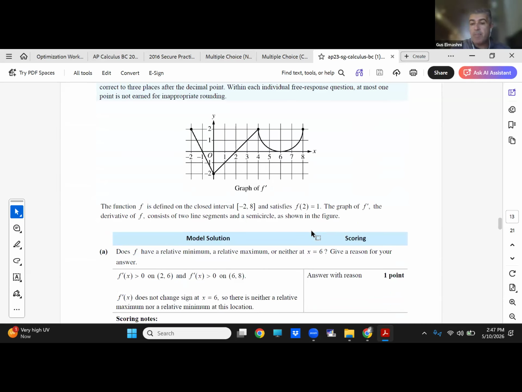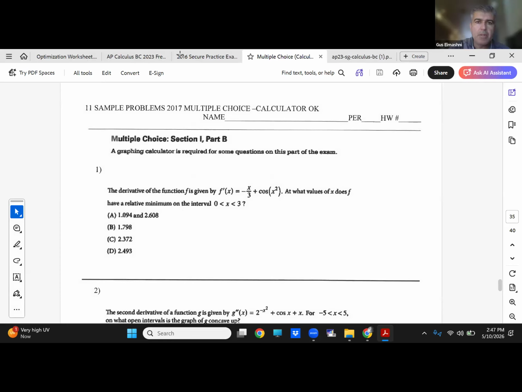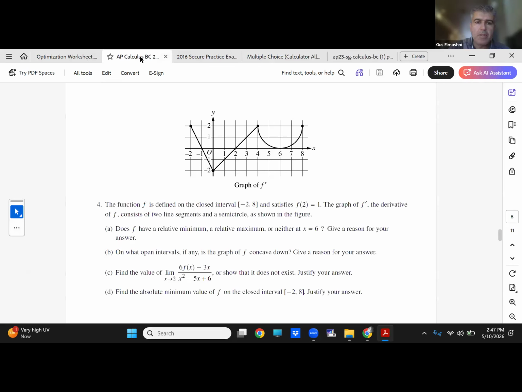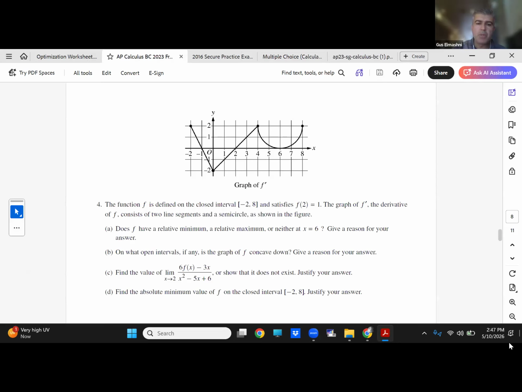Yeah, so it says here all you have to say is, and it's just 1 point really, without a sign change, so there's no relative min or max. So there you go. Okay. Going to part B.